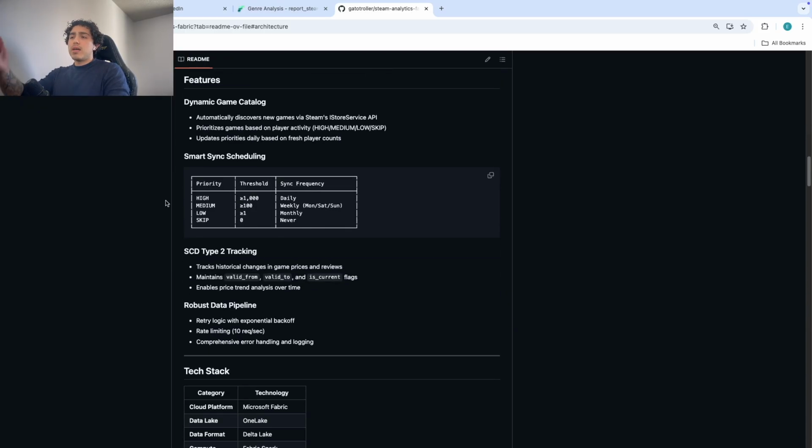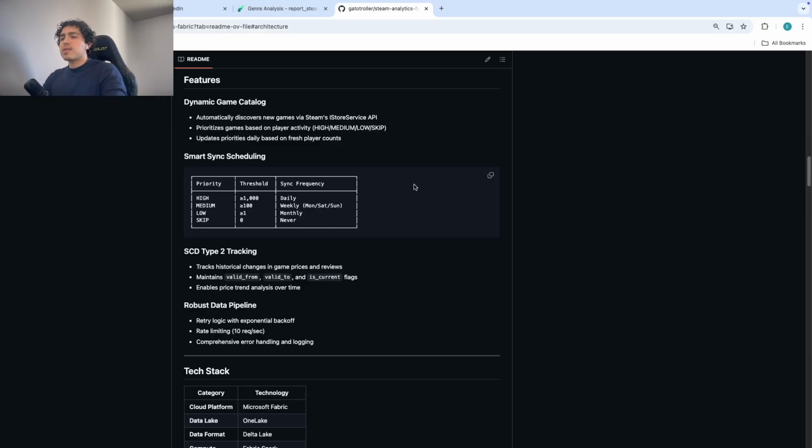So yeah, also I built a feature because there are more than 150,000 games in Steam. So extracting that information daily from an API is pretty slow. So I built a game catalog that prioritizes the extraction from the games.